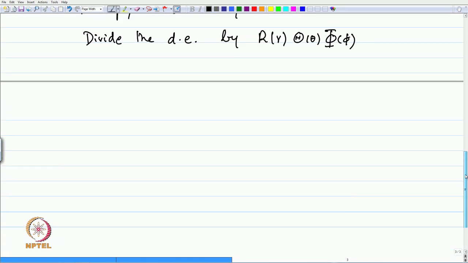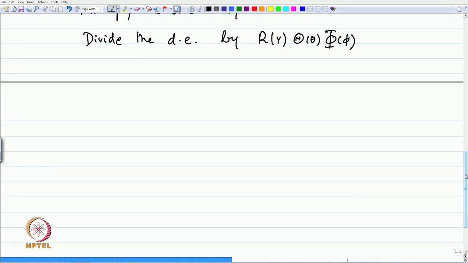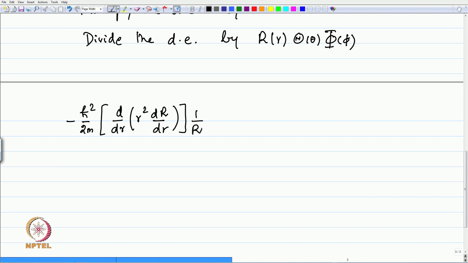When you do that, the resulting equation for the radial part and the angular part take this form: minus h bar square by 2m, d by dr of r square dR by dr, and since we have divided everything by the wave function itself, you will have 1 by R because the theta phi will be cancelled. Likewise, you have 1 by sin theta.